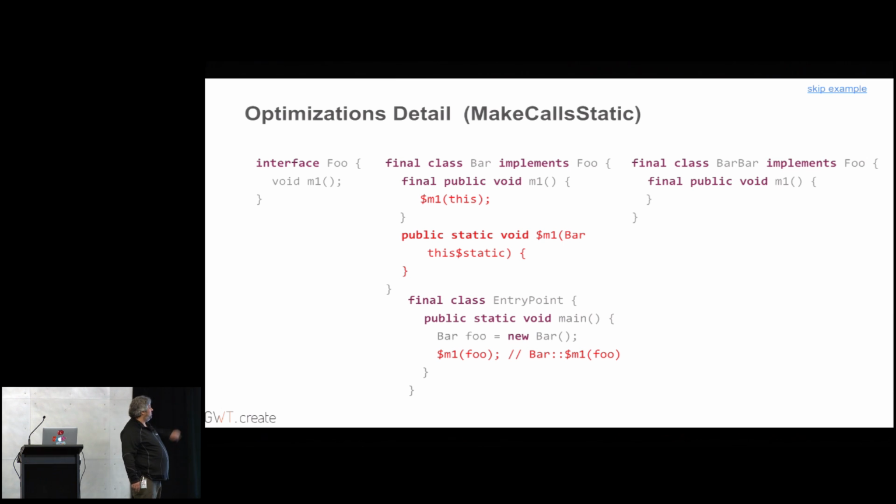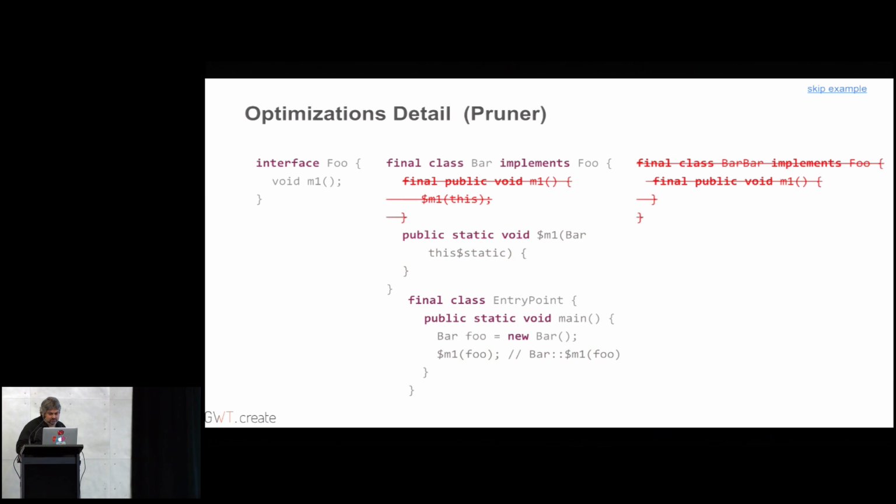So it will insert a call to this new devirtualized method, so that the method body is not repeated. And next we run the pruner. In the pruner we detect, oh, there are only objects of type bar, so bar gone. There are no calls to M1, so M1 gone as well.